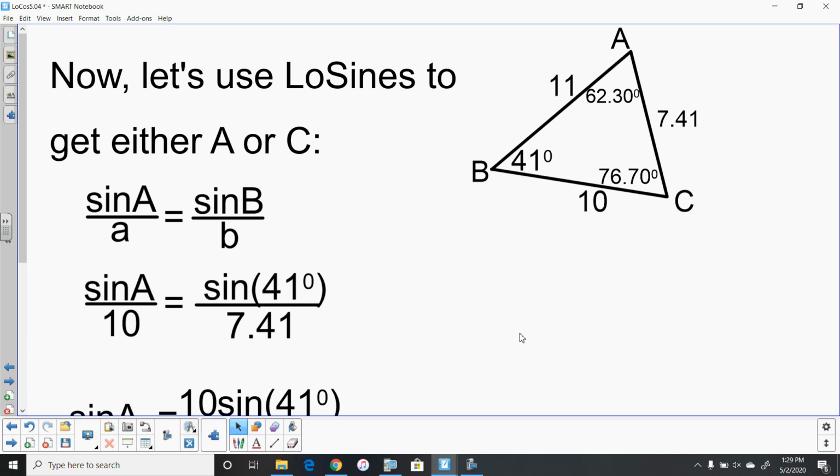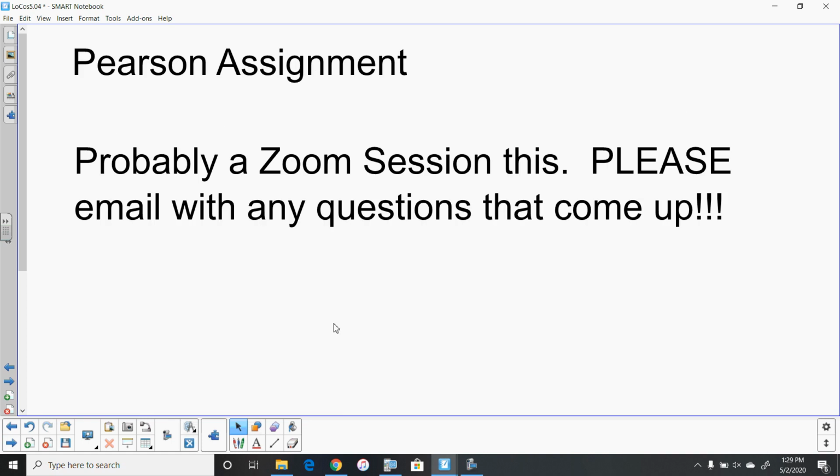Now, angle C is definitely the biggest angle. Is it across from the biggest side? It is. And all those sides and angles match up. Okay, if there was something wrong there, we'd have to kind of go back and start over. That is how you use the law of cosines to solve for the missing side.